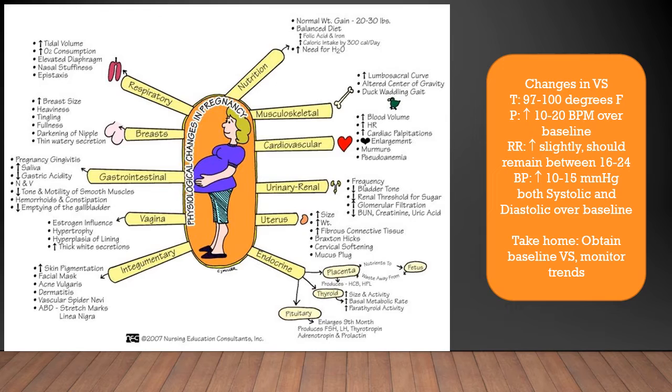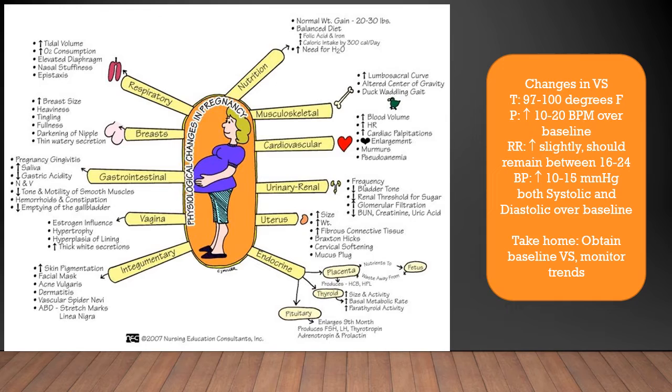There are a lot of physiologic changes during pregnancy. The vital signs increase slightly to compensate for the increased circulatory needs. The blood pressure goes up about 10 to 15 millimeters of mercury, both systolic and diastolic.